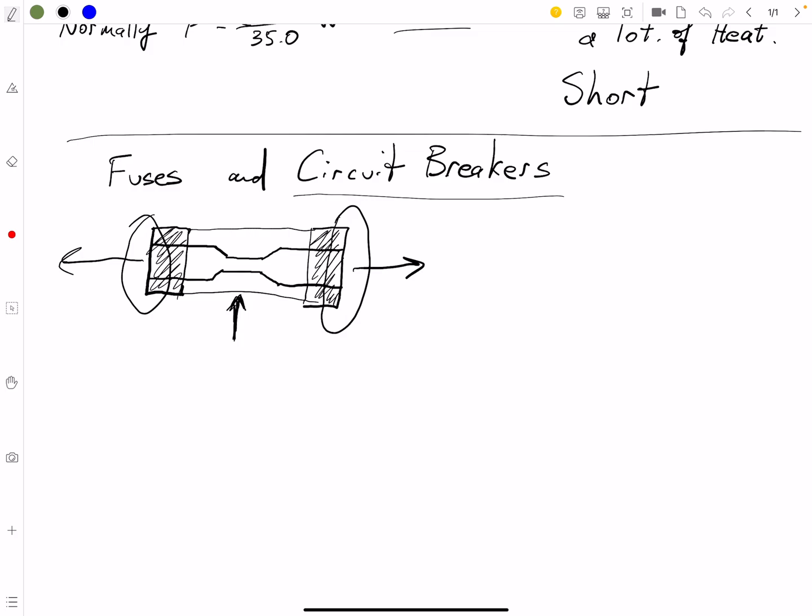Okay. If it gets too hot, it's going to bend. Okay, so here's how it works. It's a black box. Well, it is a black box, but okay. How do I want to do this?